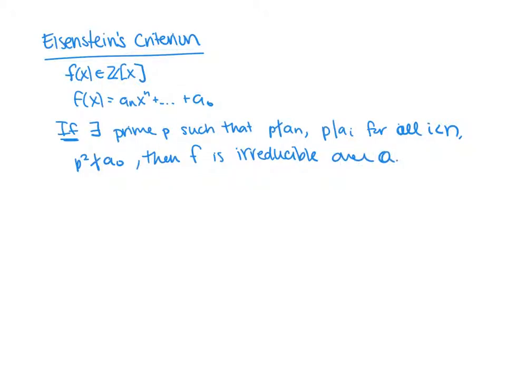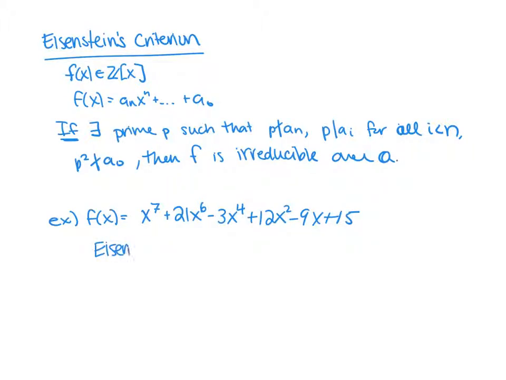So if your coefficients have this property for some prime, then we can argue that f is irreducible. I'll explain why in just a bit, but first we'll do an example. So if you have a polynomial like x^7 plus 21x^6 minus 3x^4 plus 12x^2 minus 9x plus 15, this is what we call an Eisenstein polynomial.